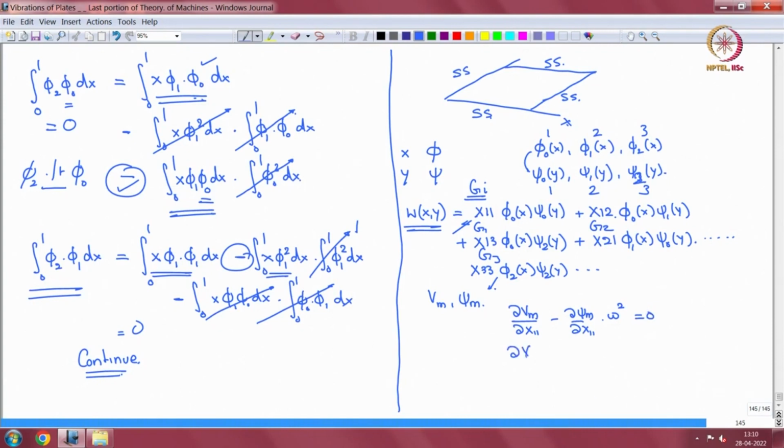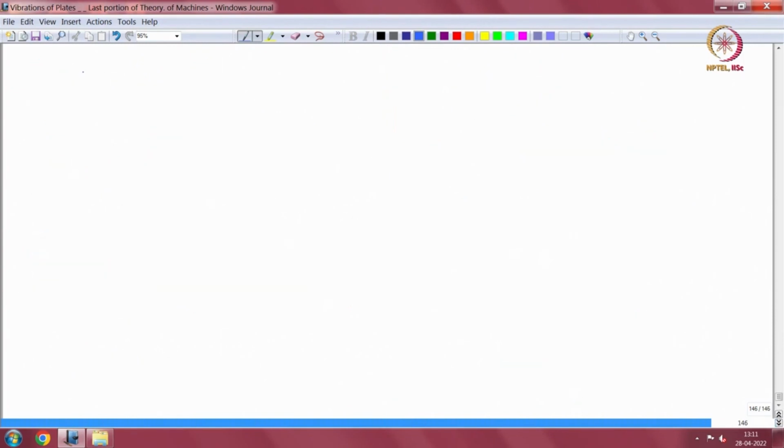Then del Vm by del x12 minus omega square del psi m by del x12, etc. Finally you get your k times x11, x12 and so on, minus omega square m times x11 and so on, equal to 0.